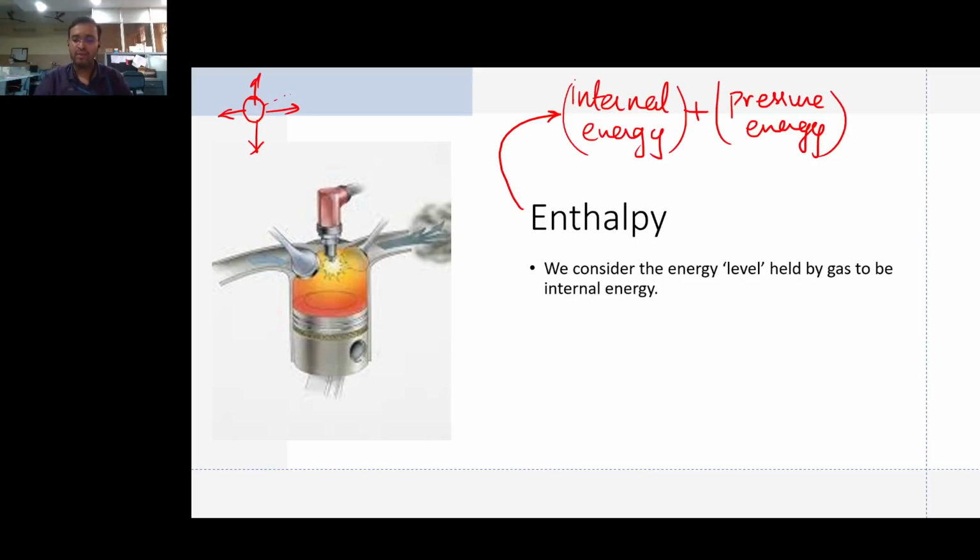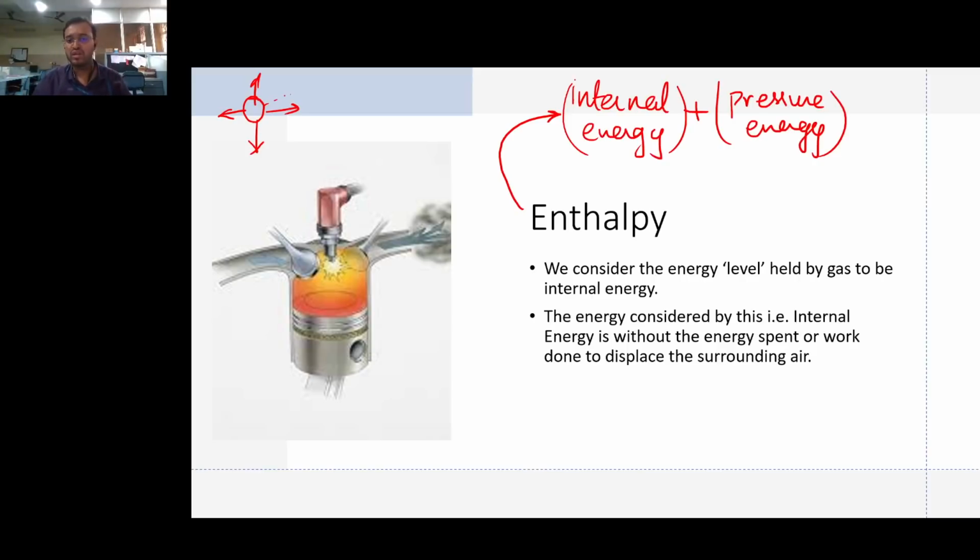However, what happens is that we do not consider the effort taken by the gas to exist within the volume that it is in. Okay, so for example, we have the gas around in our surroundings. What is happening is that the internal energy of the specific molecule may be a certain level.